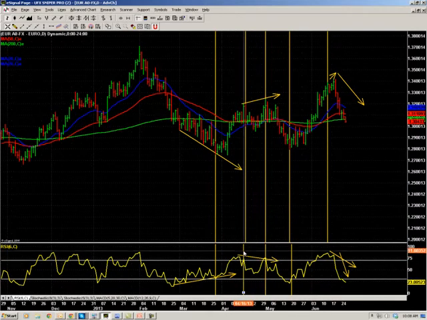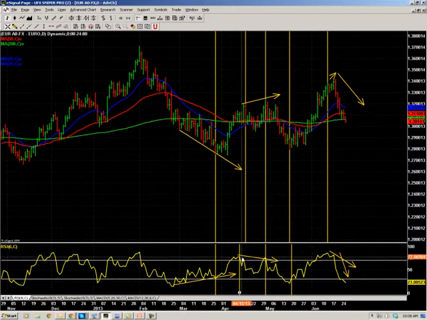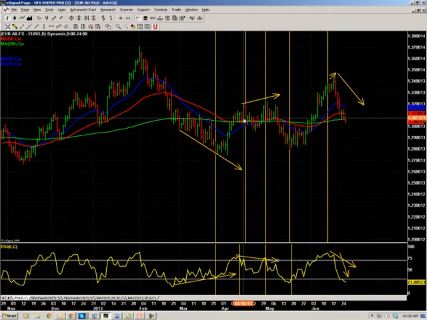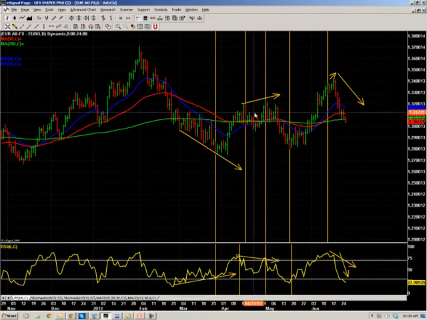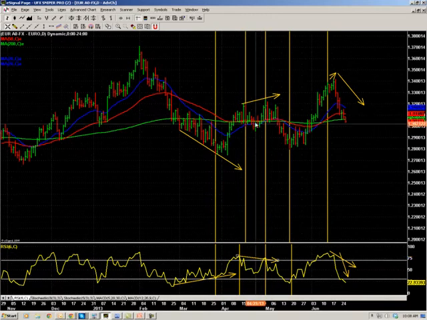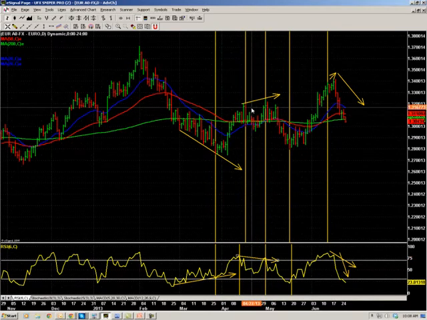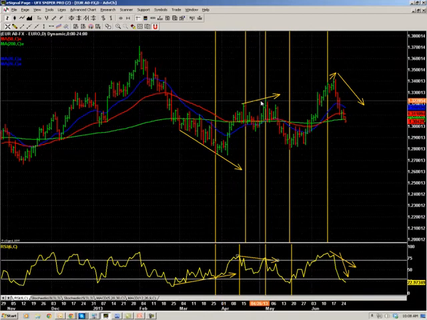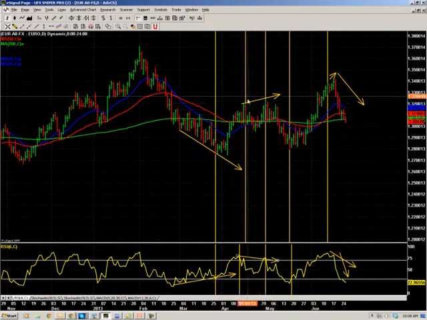Actually from the peak, it should always be from the peak. Sometimes it doesn't spot on perfectly, but you have to pick the highs. The two peaks, connect the two peaks, and see if it's in divergence or in convergence. If it's in convergence, they'll both be going up, and if it's in divergence, they'll be doing the opposite.